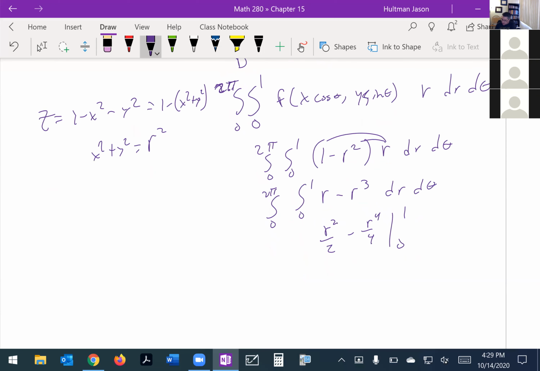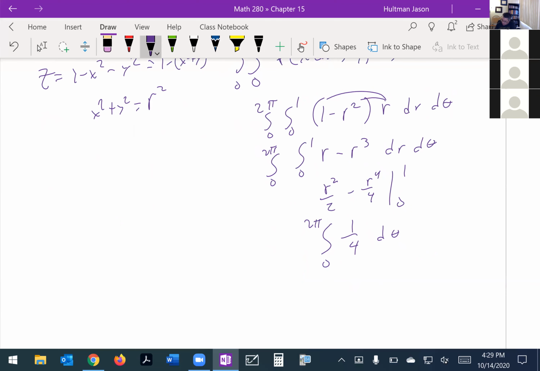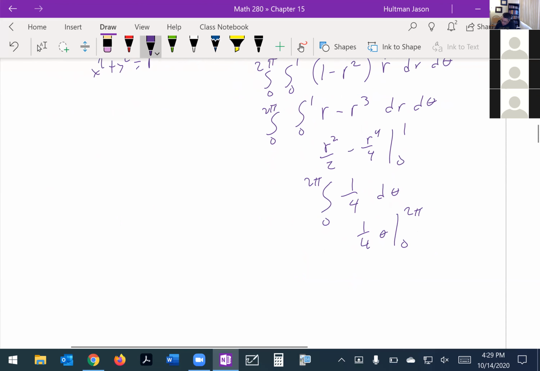And you could easily see that this is going to be 1/2 minus 1/4, which is 1/4. So this becomes 1/4 d theta from 0 to 2 pi. And what's 1/4 d theta? Well, that's just 1/4 theta evaluated from 0 to 2 pi. And so that's just 2 pi over 4, or pi over 2.